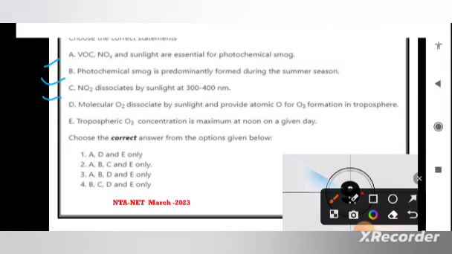Statement C is nitrogen dioxide dissociates by sunlight at 300 to 400 nanometer. Statement D is molecular oxygen dissociates by sunlight and provides atomic oxygen for ozone formation in the troposphere. Statement E is tropospheric ozone concentration is maximum at noon on a given day.